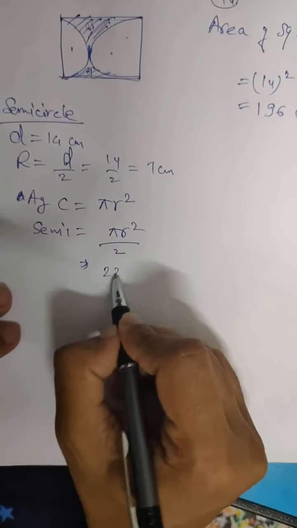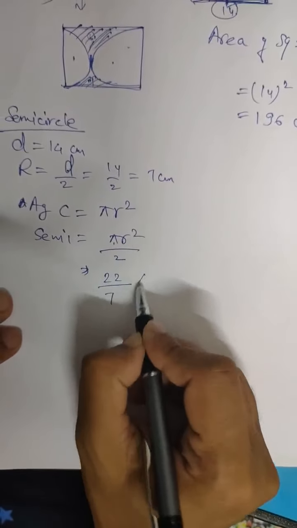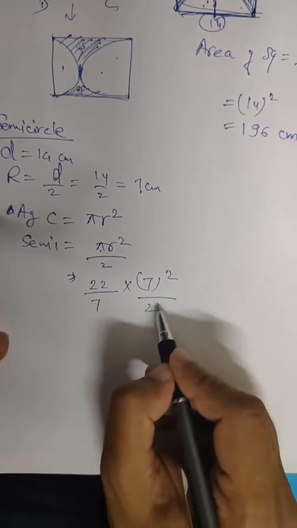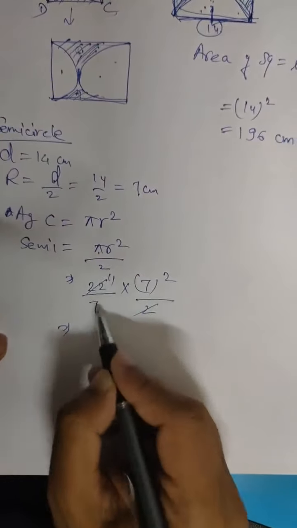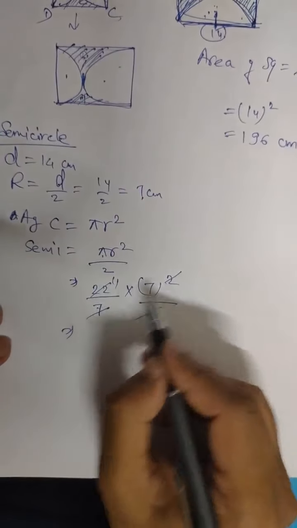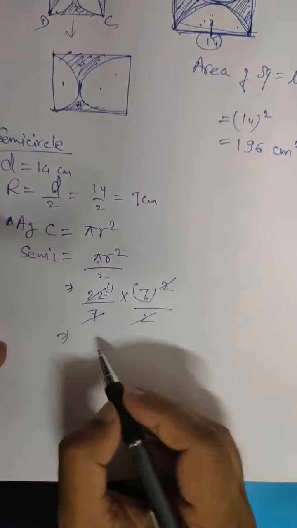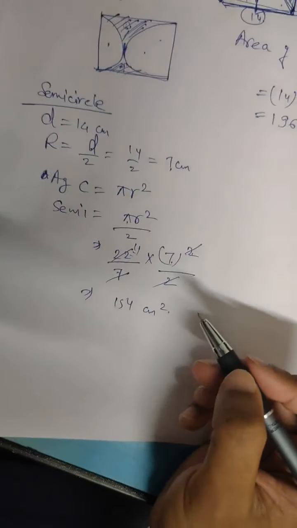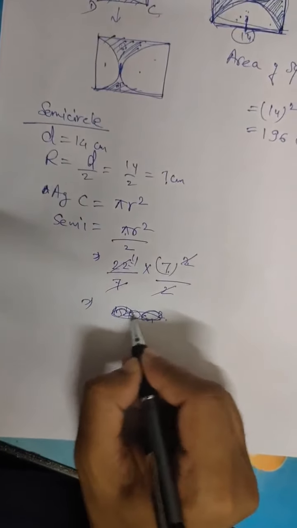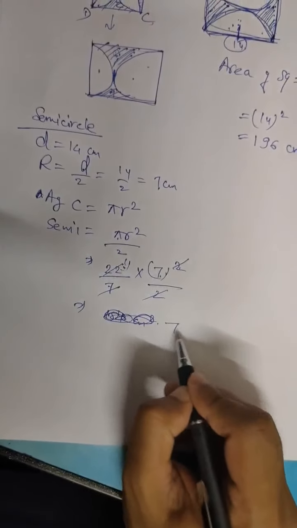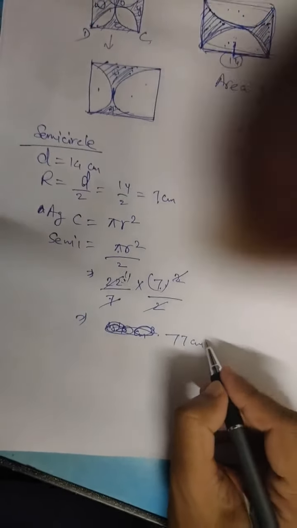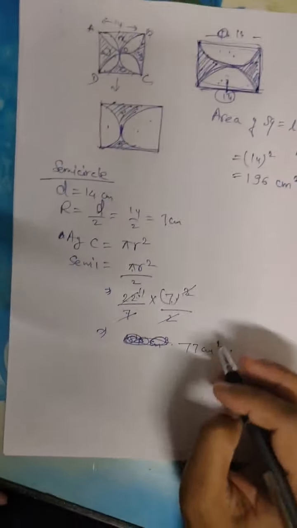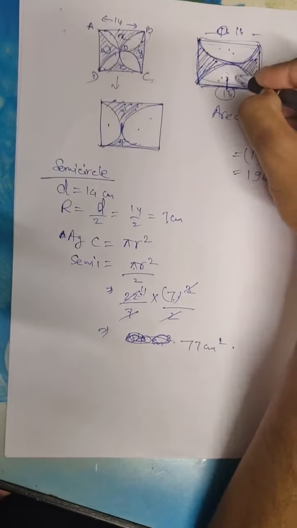So pi is 22 by 7, r is 7 square divided by 2, it's 11, and we can cancel out this one. So 11 7s are 77. Sorry, I just calculated the wrong way. 77 centimeter square.